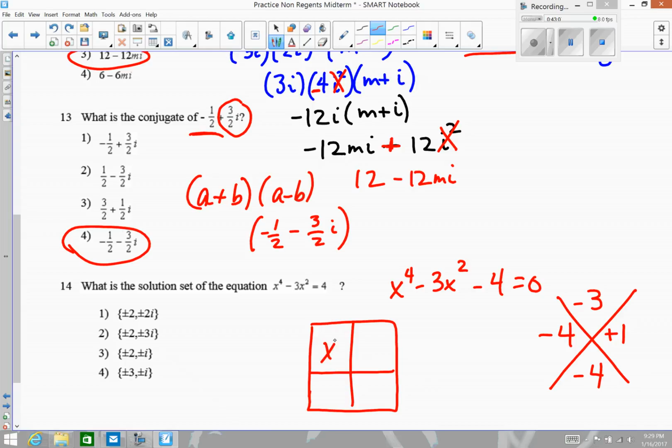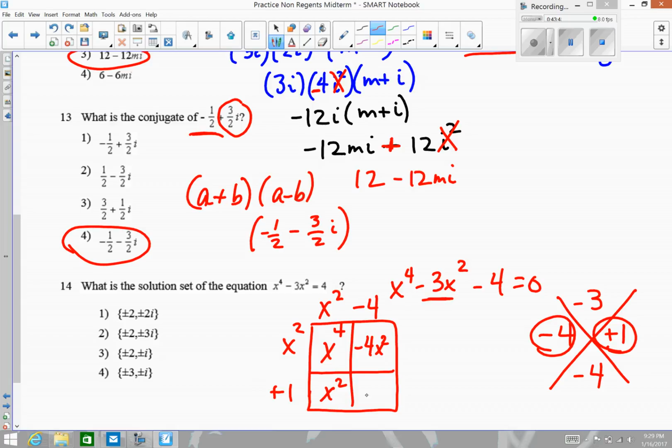So you see where this is coming from. I need to end up with an x to the 4th, and it looks like I'm going to have x squareds on the outside here. And when I add up my two terms, the x squared terms are going to add up to negative 3. Here's where I have a negative 4 and a positive 1 from my x factoring. So this would give me a negative 4x squared and a positive 1x squared, and when I combine those together, I get negative 3x squared, matching my middle term.